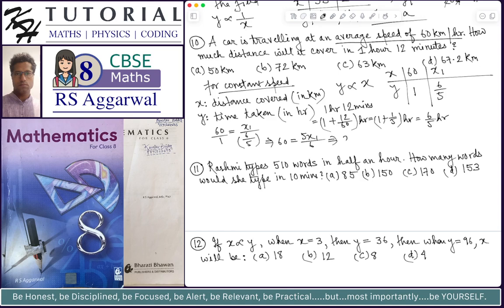This implies x1 is equal to 6 multiplied by 60 divided by 5. So this is 72 kilometers. So in 1 hour 12 minutes the car will travel a distance of 72 kilometers. So the correct choice is B. B is the correct choice.